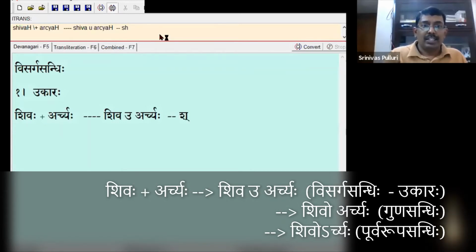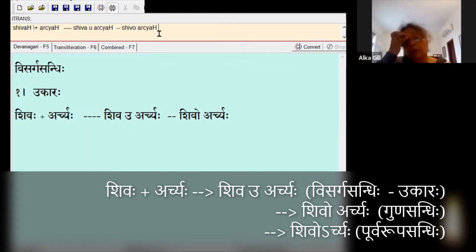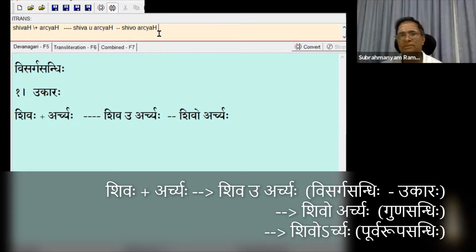Then Shivo plus archyaḥ. Correct? Shivo plus archyaḥ. Can we leave them as it is, or is there anything following here? O and A: the A will be dropped. Shivorchyaḥ. Why will the A be dropped?